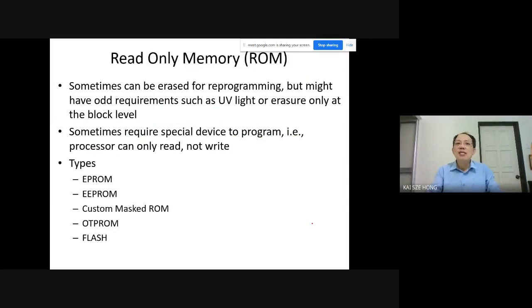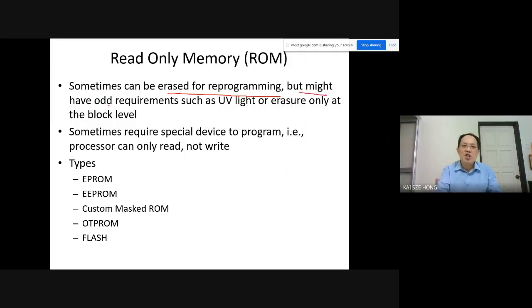Read-only memory, short form ROM, has many types. Sometimes, even though you say it is permanent, it can be erased for reprogramming, because scientists have made use of current technology to make the ROM rewritable.